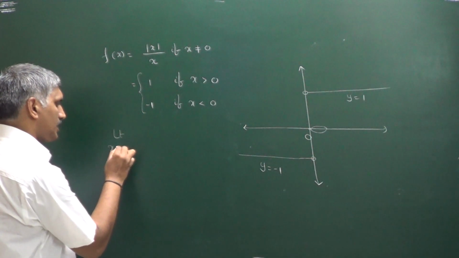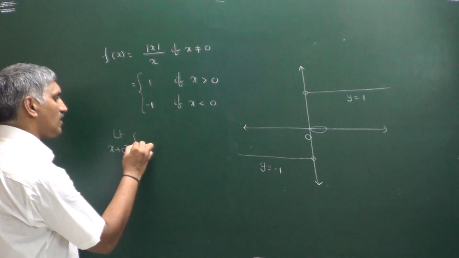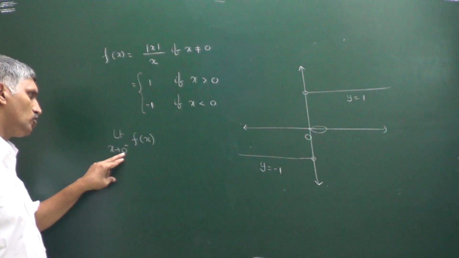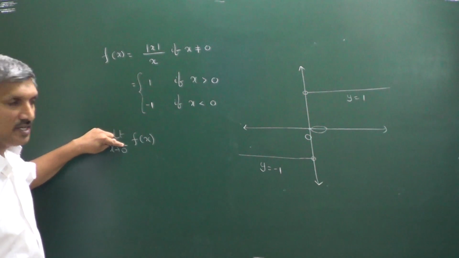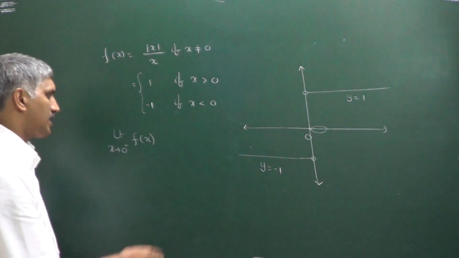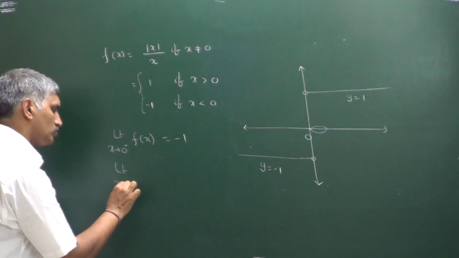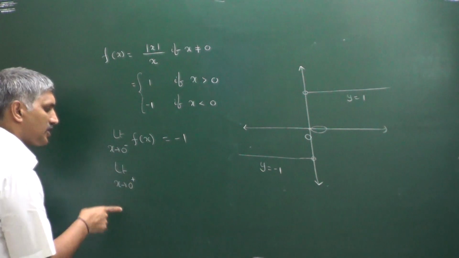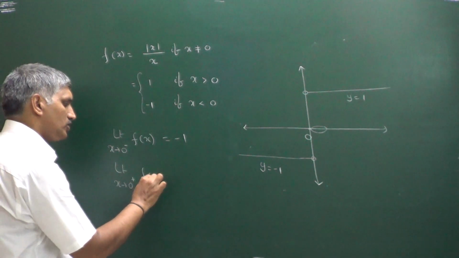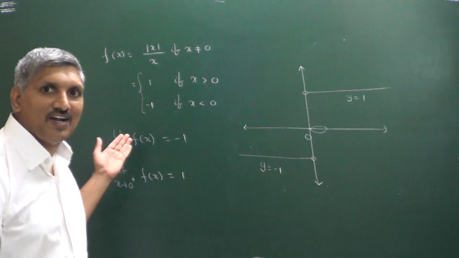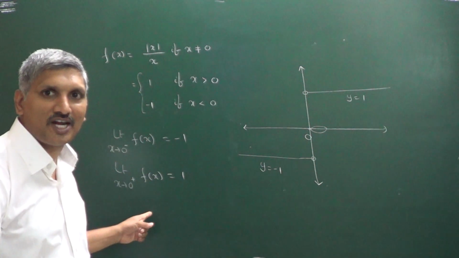Limit x tends to 0 minus f of x. When x values are approaching 0 from left hand side, functional value is equal to minus 1. Similarly, when x values are approaching 0 from right hand side, functional value is equal to 1. Whether you observed or not, left hand limit is not equal to right hand limit.